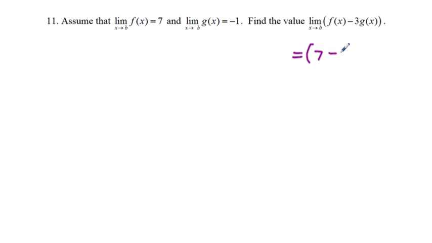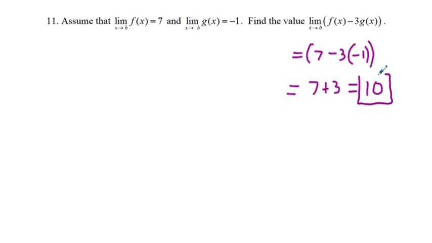And we have minus 3 times the limit of g of x, which is minus 3 times negative 1. And so we're going to have 7, and then negative 3 times negative 1, that's going to be positive 3. So our answer is going to be 10. Okay, that's all there is. That should have been a pretty easy one.